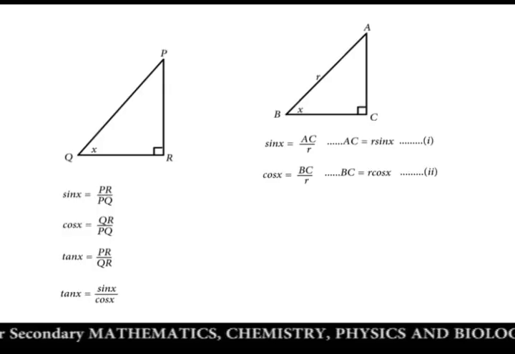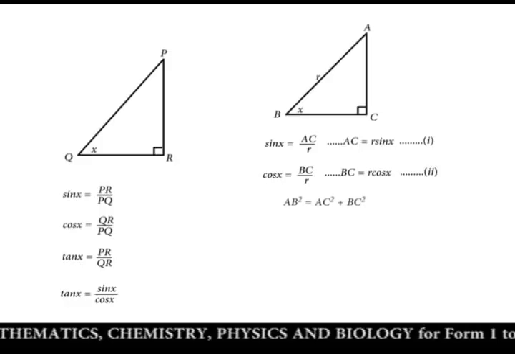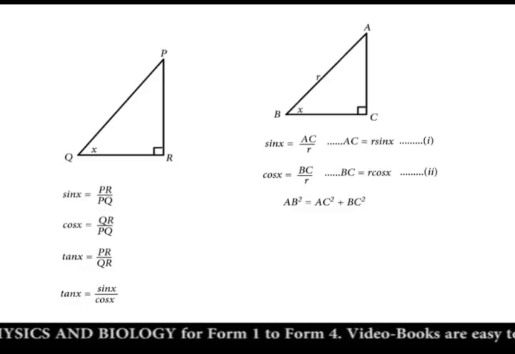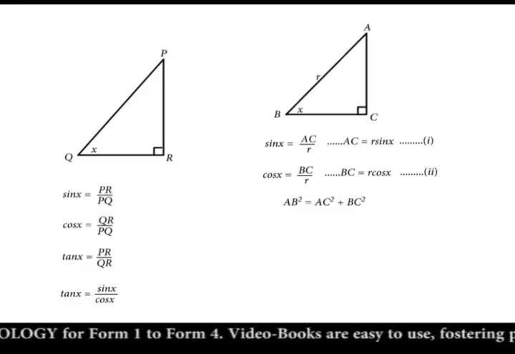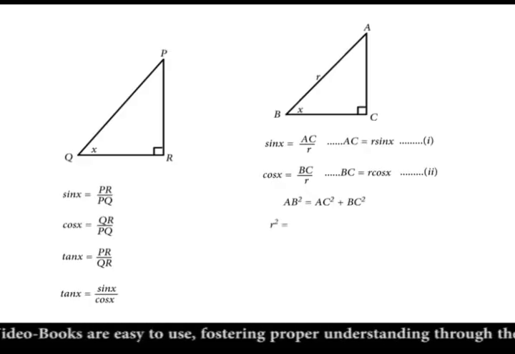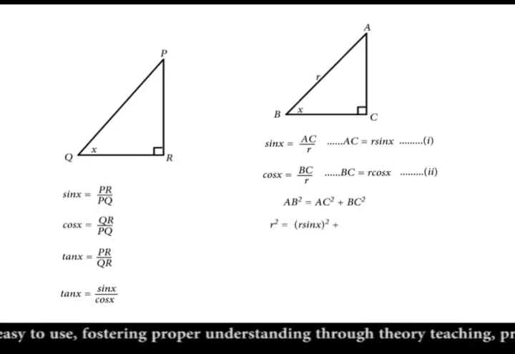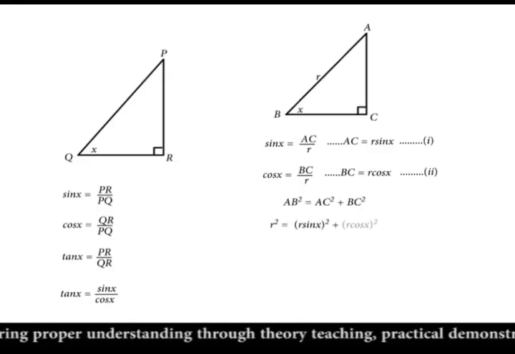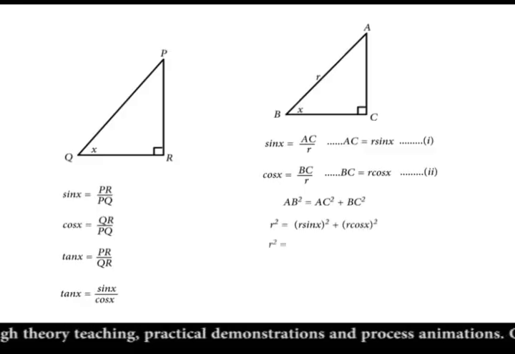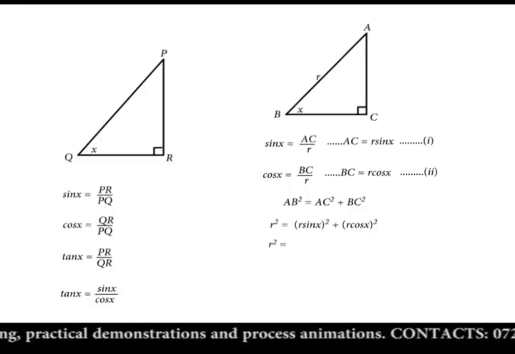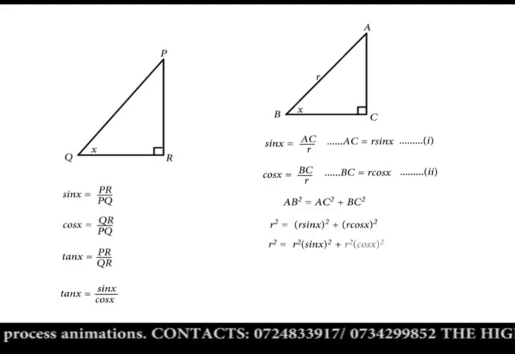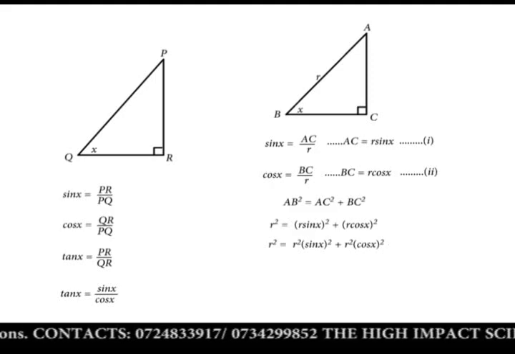Using Pythagoras theorem, AB squared is equal to AC squared plus BC squared. Substituting the values of AB, AC, and BC, we get R squared is equal to R sin X squared plus R cos X squared. That gives us R squared is equal to, opening those brackets, R squared times sin X squared plus R squared cos X squared.